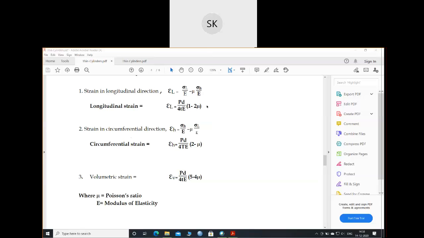Okay, so this is the longitudinal strain formula, this is the circumferential strain formula, and this is volumetric. Just remember these formulas.